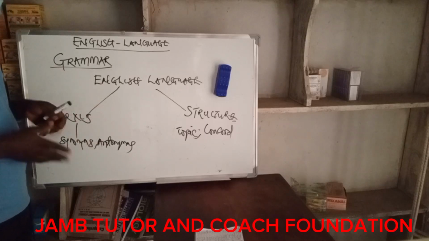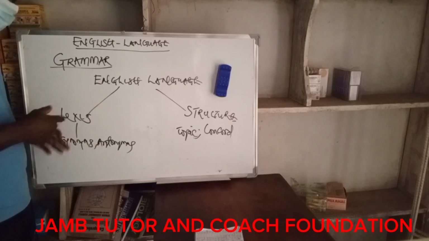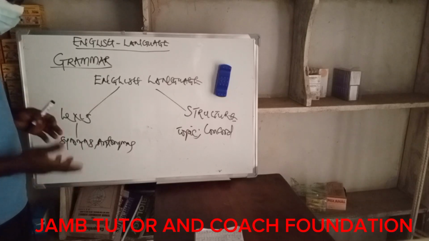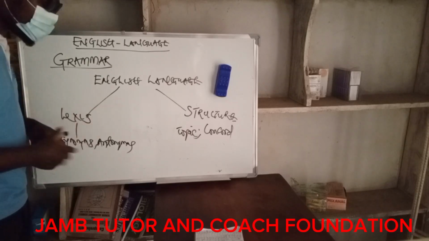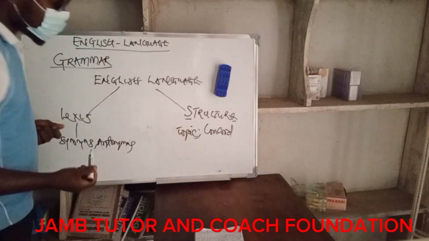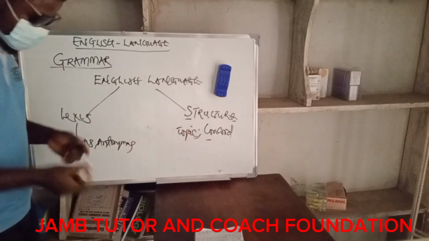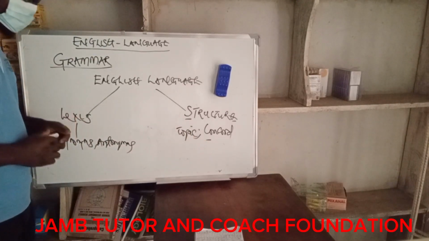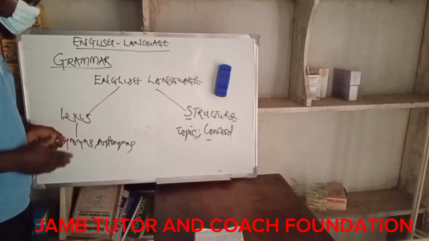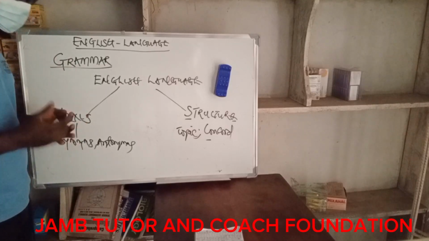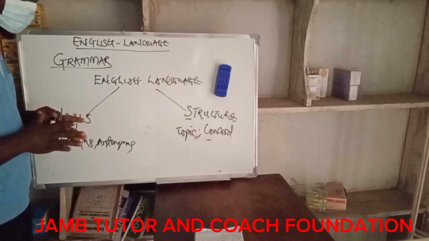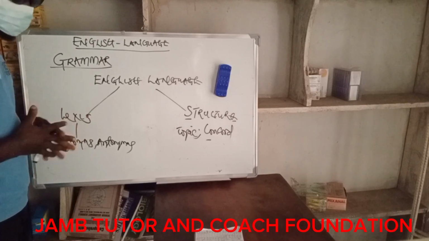Structure. Or that this question is from lexis and the topic is what? Synonym or antonym. Or that the question is from structure and the topic is what? Concord. If you're not able to know the aspect of English language and the topic under each aspect the question is being drawn from, the answer to that question is not yours.